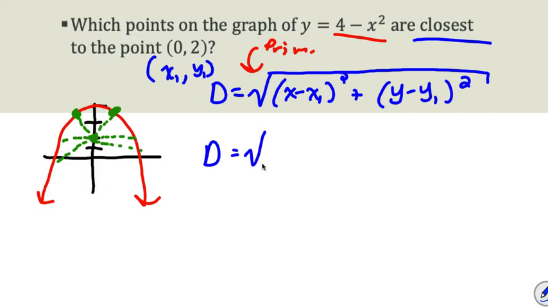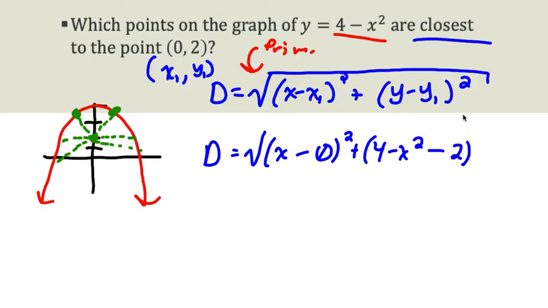So square root of x, we're just going to leave as x minus x1, which was 0, plus y, we'll use 4 minus x squared, minus y1, which is 2, quantity squared, and that is all underneath our square root.